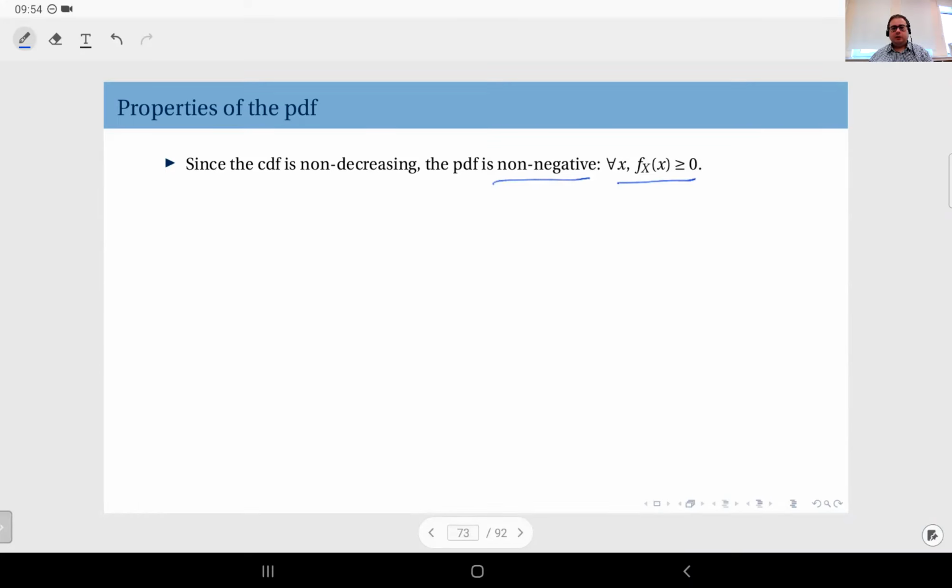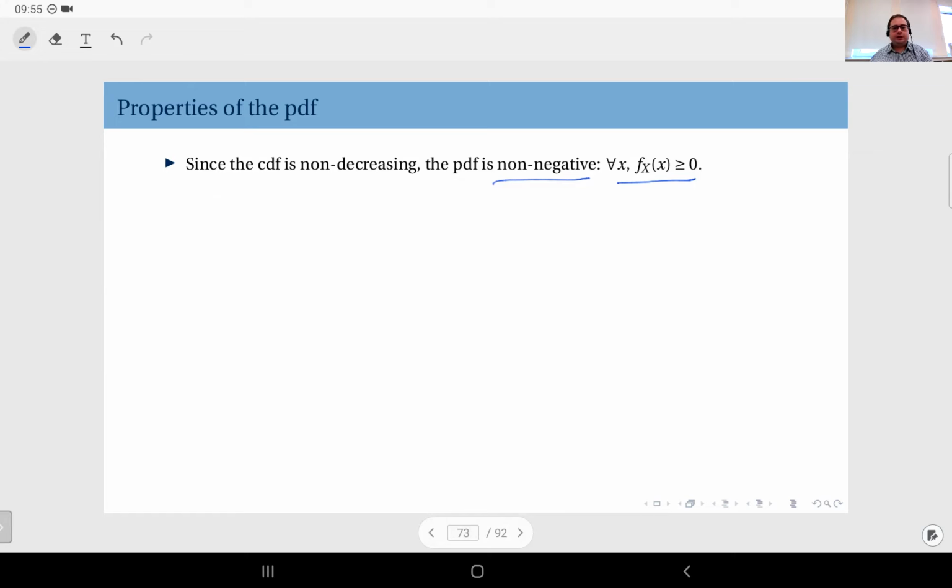Now here, you have to make the distinction between the characteristics of the CDF and the characteristics of the PDF, because the CDF by definition is a probability. So it's confined in the interval from 0 to 1, and it's non-decreasing because it's cumulative of probabilities. On the other hand, the PDF is non-negative, as we have just seen, but it's not a probability, so it can exceed 1.